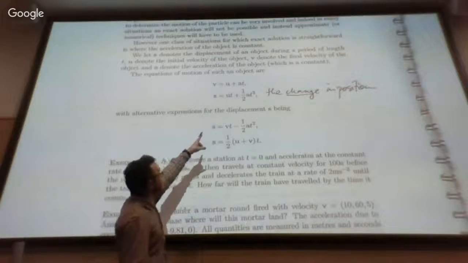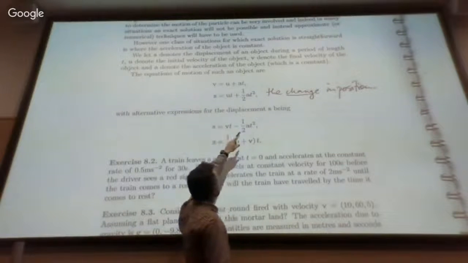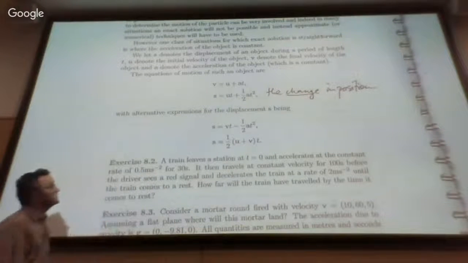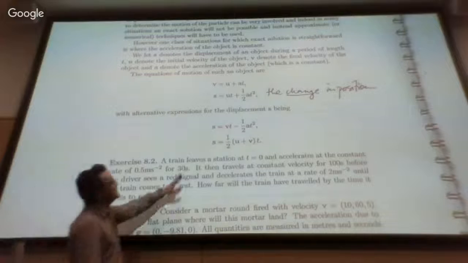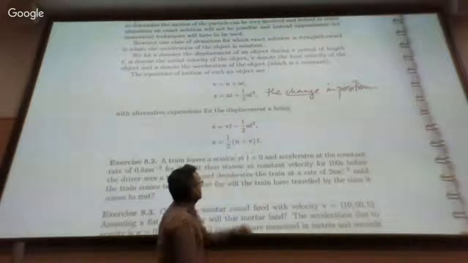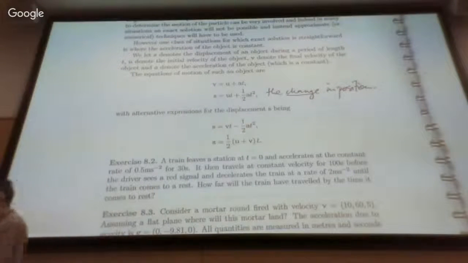We take the second expression for s and replace the acceleration using the first equation, v equals at. So you need to multiply by t as well. Bring it together, then you've got a half of u plus v times t. So this is expressing the distance moved just in terms of the two velocities, the initial and the final velocities.